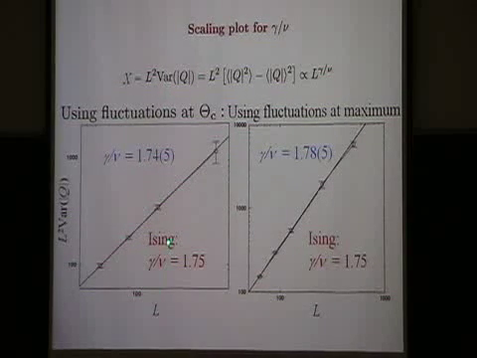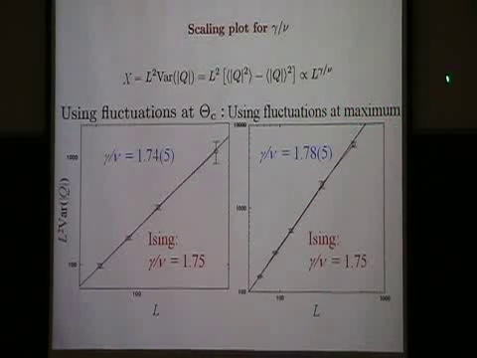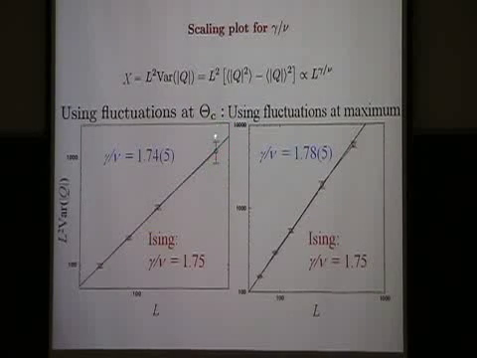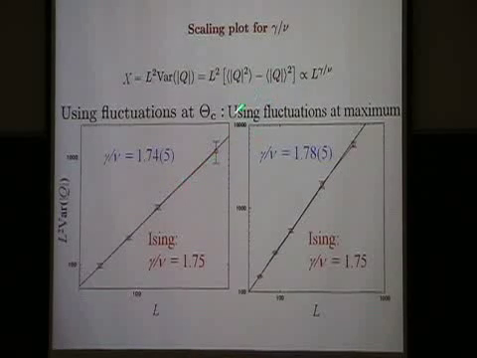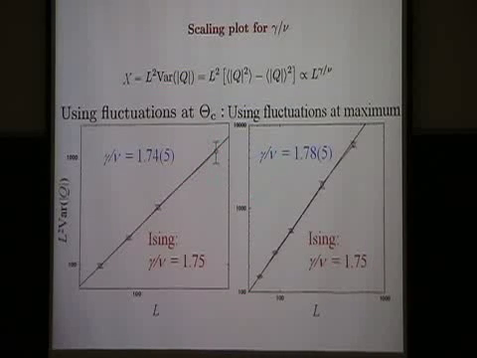No, actually this is done at the fluctuation maximum, here I'm doing theta c. Essentially, what you're seeing is that the error bars go up. If you look at gamma over nu here, it's quite close to the 1.75, the average value, and the last point falls well within the error bar.